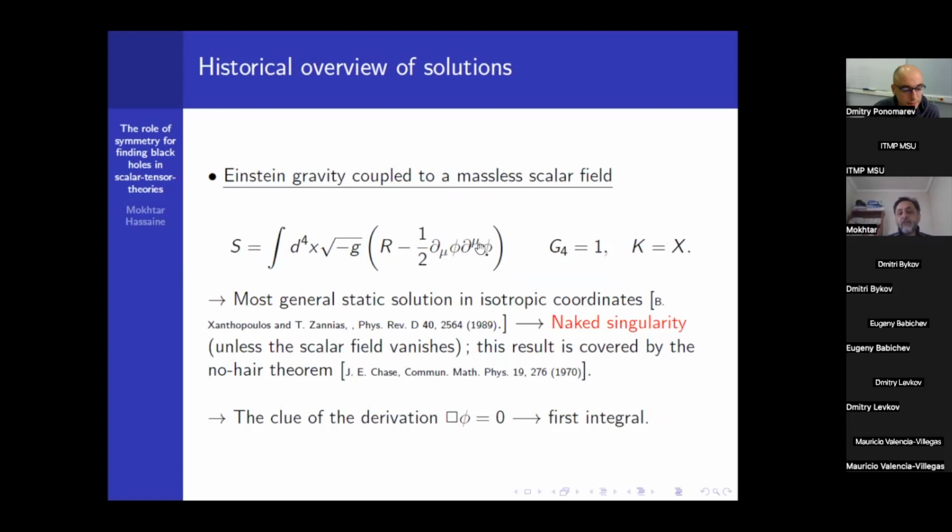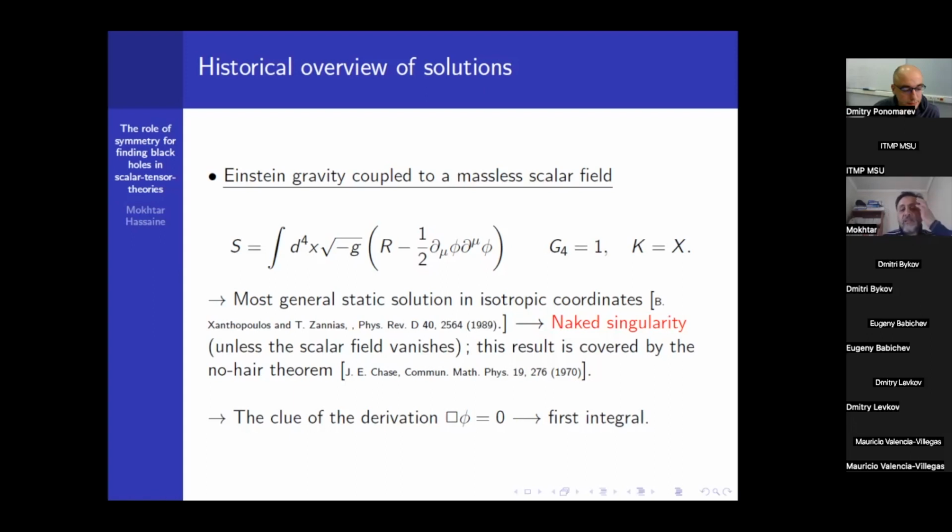And the most general static solution was found a long time ago by Fisher and Janis. The solution was precisely found in the isotropic coordinate, because it's very useful in this case to use this isotropic coordinate, and the solution presents a naked singularity, unless of course the scalar field vanishes, and then we end up with Schwarzschild, of course.